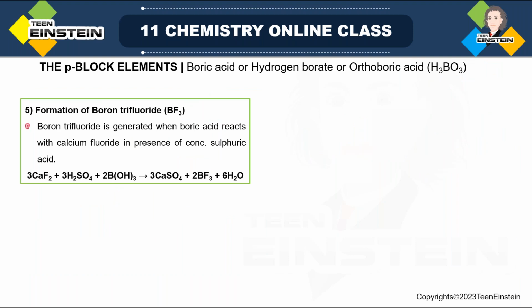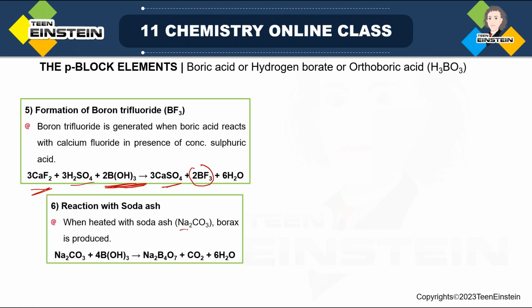The next property is formation of boron trifluoride. Boron trifluoride can be generated from H3BO3 when you treat it with CaF2, which is the source of fluoride ion, and an acidic medium is also required, concentrated sulfuric acid. You get BF3 along with calcium sulfate.